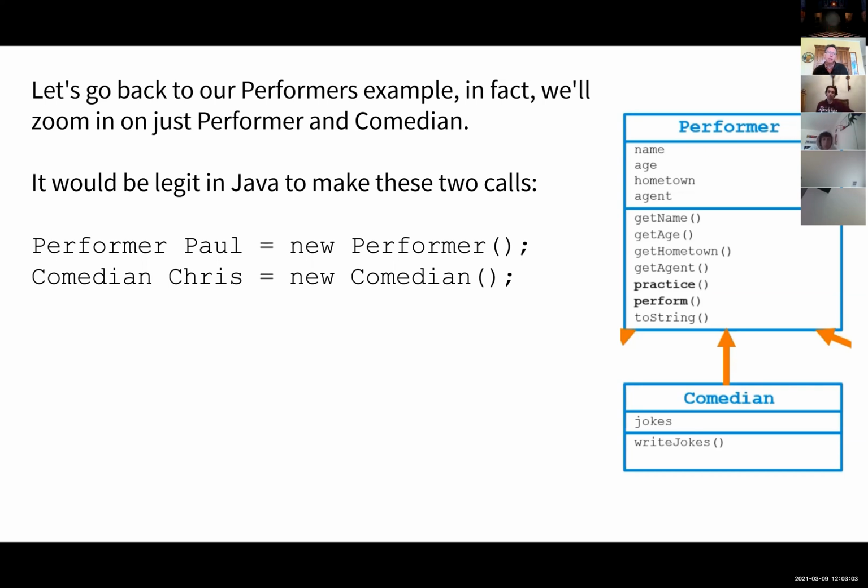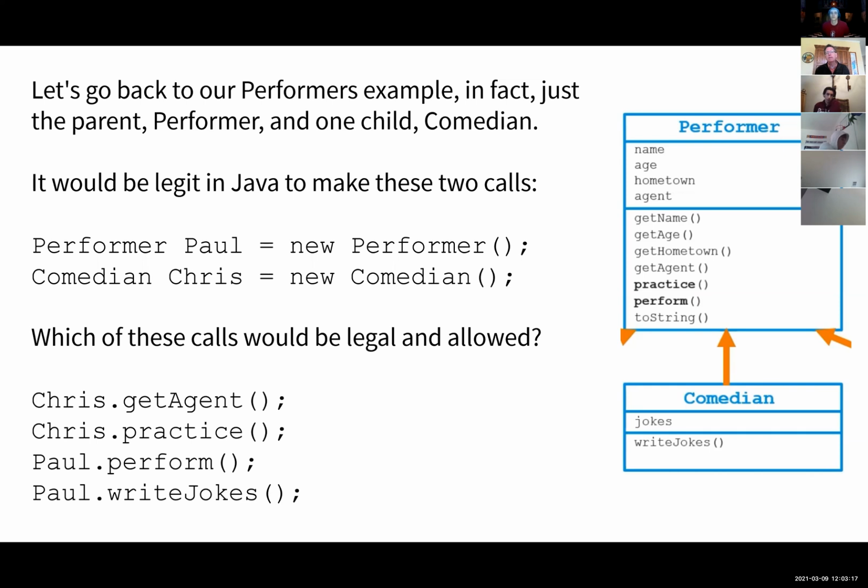So I'm telling you over on the left, it would be legit in Java to make these 2 calls. Performer Paul equals new performer. So we created a performer, and comedian Chris equals new comedian. Great. And then I'm asking you to consider which of these calls would be legal and allowed. Could we say Chris dot get agent? And let me say, I should have probably put that into a print call, but just pretend we're printing the agent.